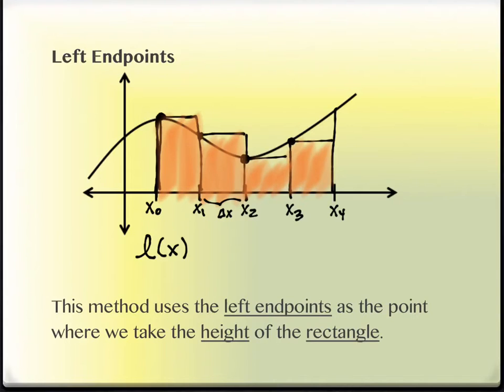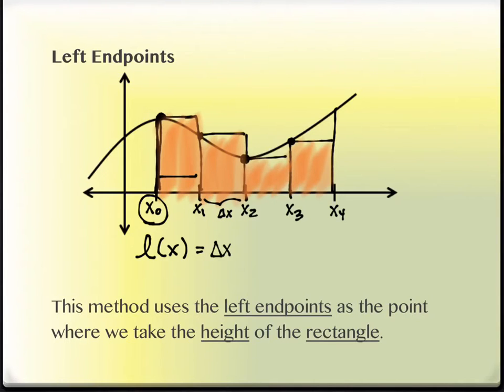So every rectangle is calculated by doing length times width, right? So my length times my width. Well, the width of each rectangle is delta x, and then the other dimension has to be calculated based on how far up I've gone.